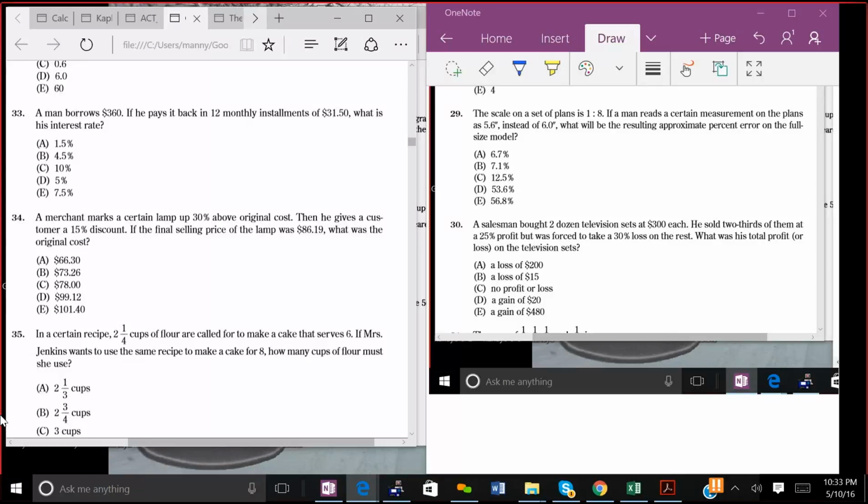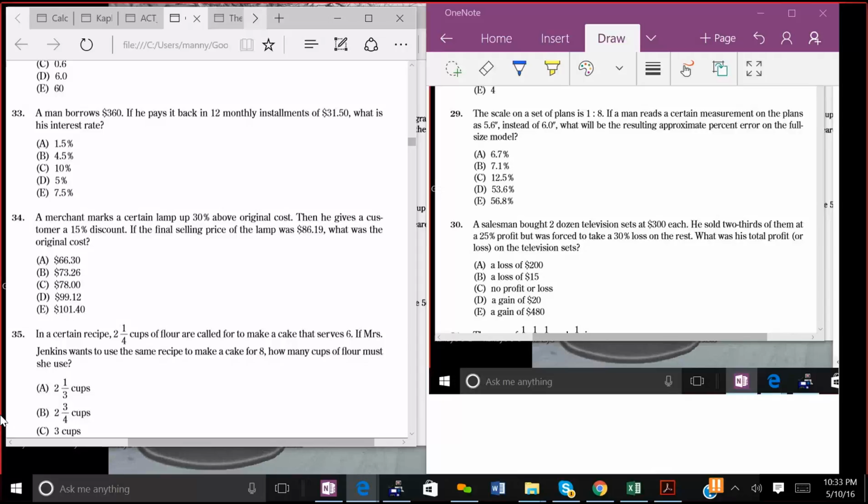So he borrowed 360, and he's going to have to pay back 378. So the interest is 18 over 360 times 100. Perfect. There you go.